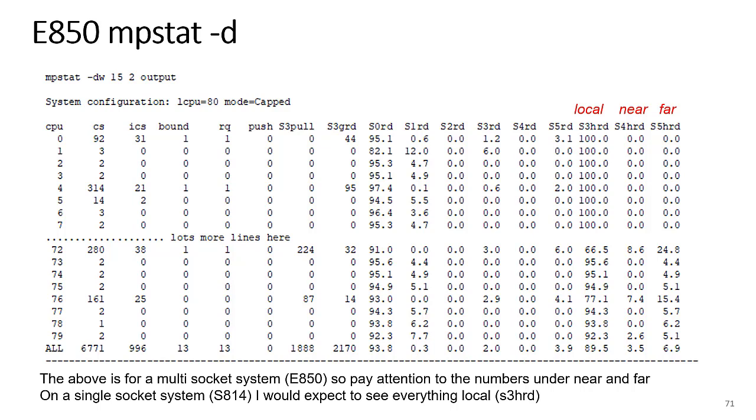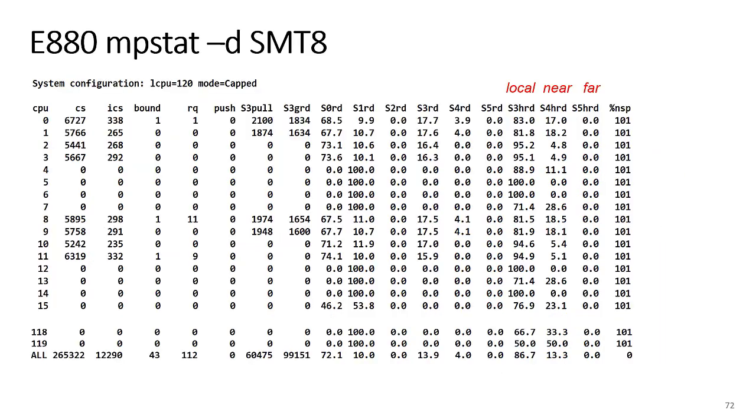So if you look down the bottom, you can see that I'm actually starting with some of my logical CPUs going to different sockets to get some of my memory. On my 880, you could see that I have 120 logical CPUs, and in this case, local is same socket, near is same node, and far is a different node.